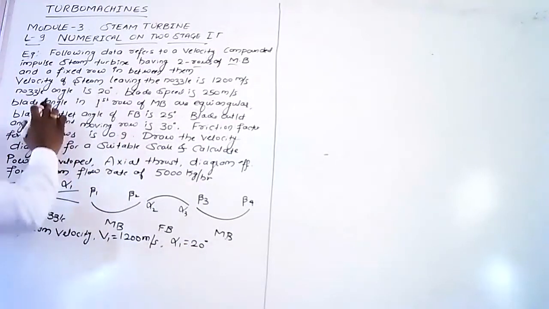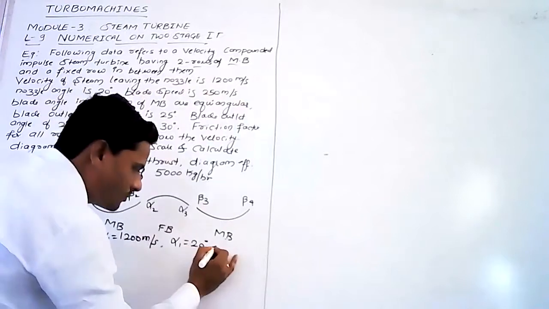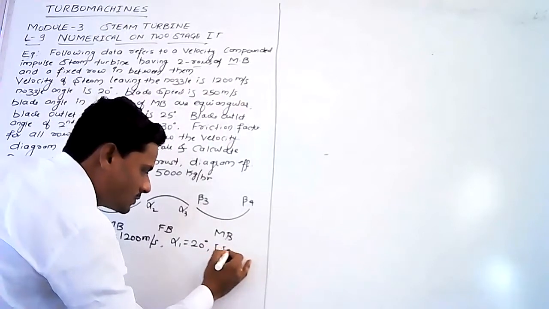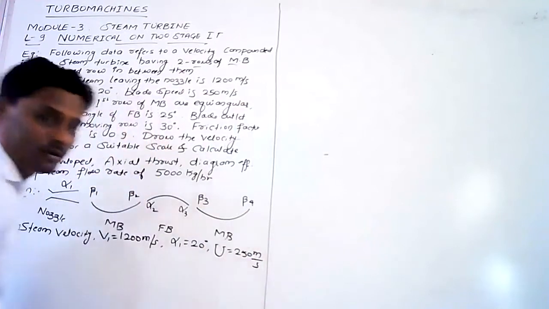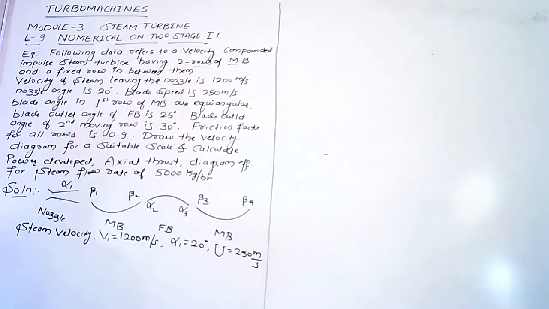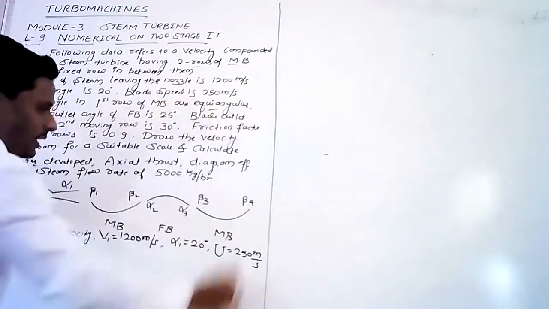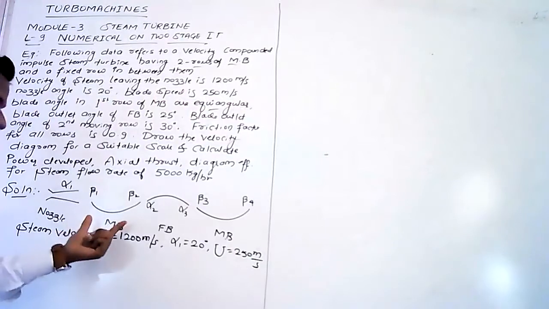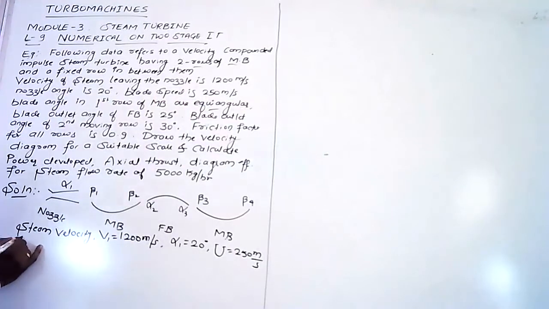Next, blade speed is 250 meter per second. U equals 250 meter per second. Okay. The blade angle in first row of moving blade are equiangular. So that is beta 1 equals beta 2.